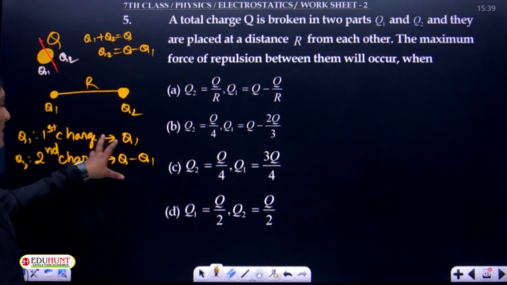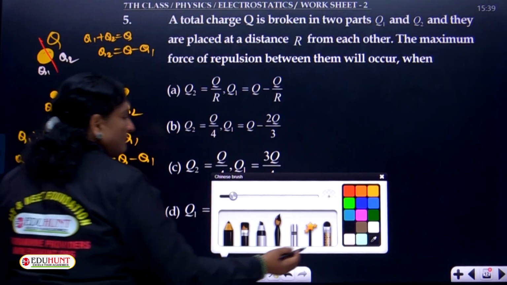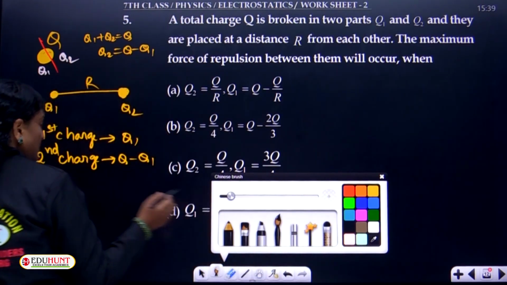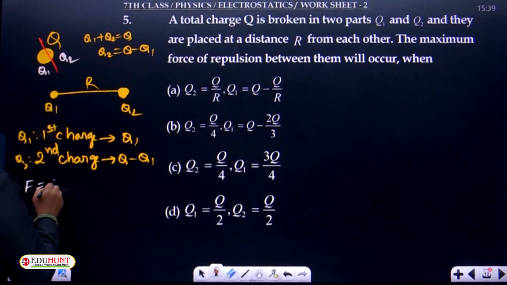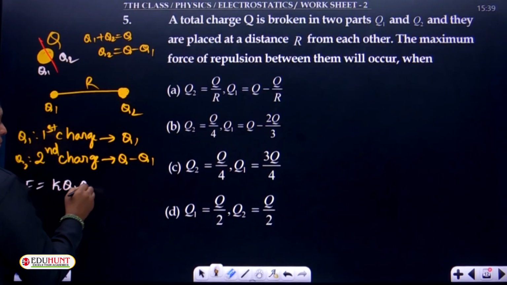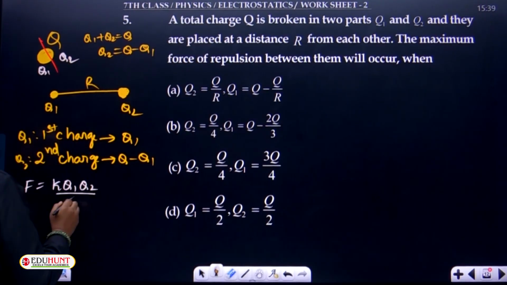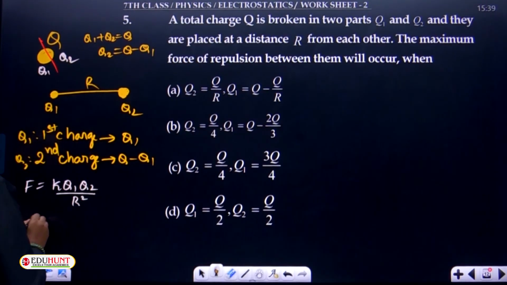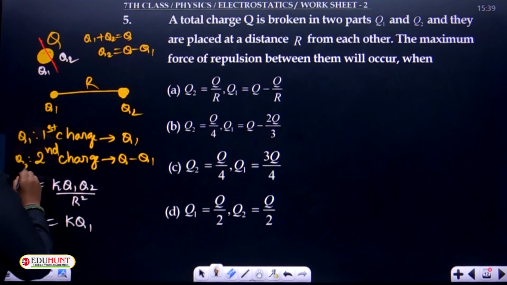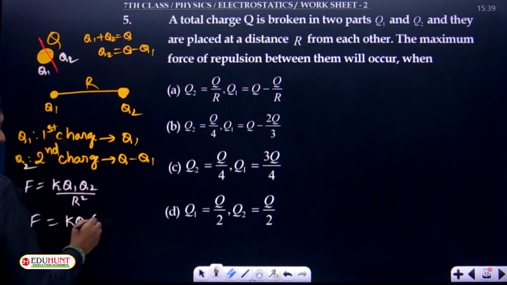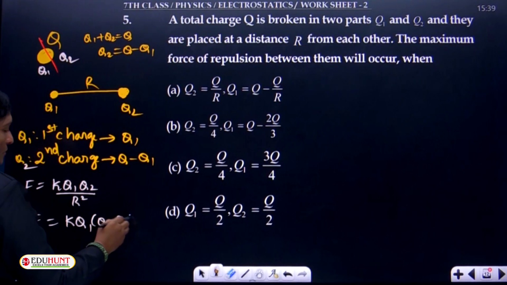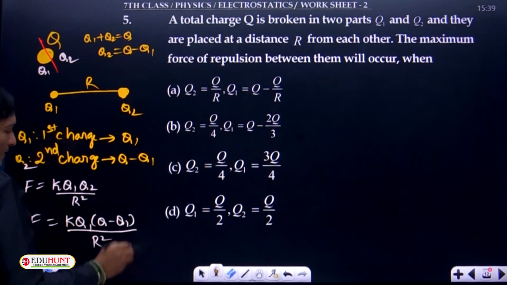Now, the force between the two charges is given by F equals K times Q1 Q2 by distance squared, where the distance is R. Or F can be written as K times Q1, which I kept as Q1, but Q2 I replaced with Q minus Q1, upon R square.